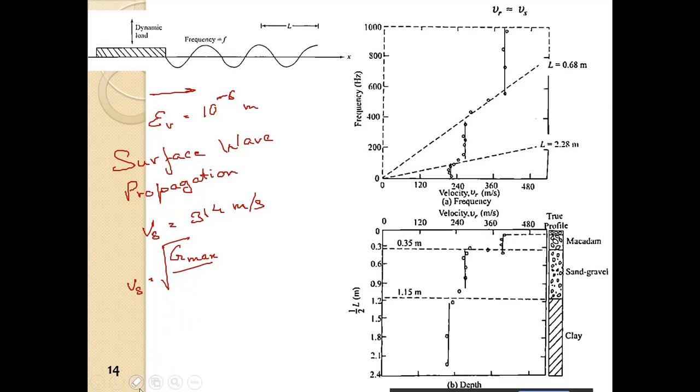It has to correlate with mass, not weight. Mass is density and weight is unit weight. So ultimately we put this value here, and we have G max is equal to Vs square into density. So that is G max.